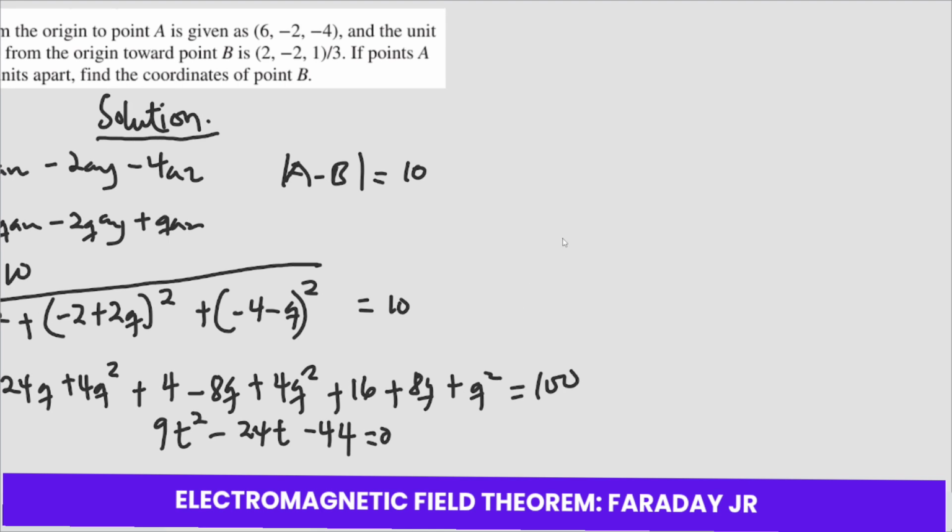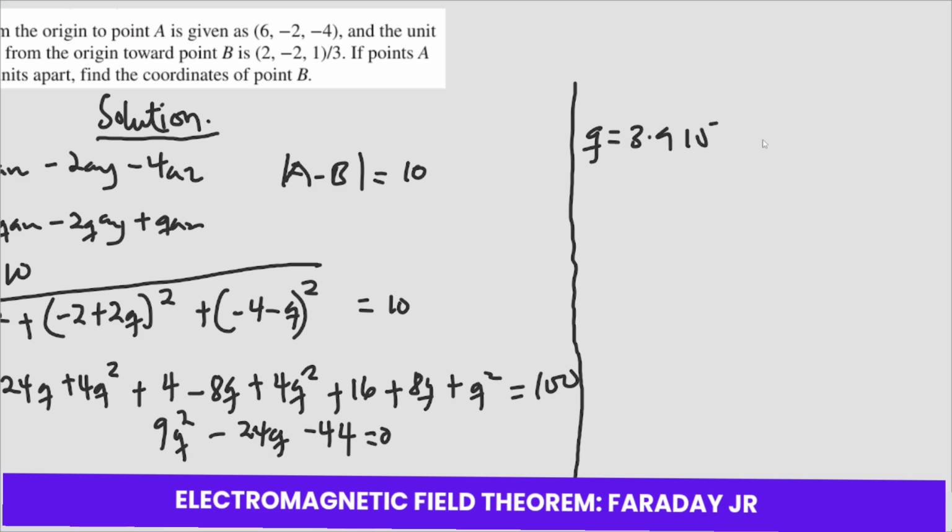Hence, we can continue our calculation, and when we solve this quadratic, we are going to get 9q squared minus 24q minus 44 equals 0.